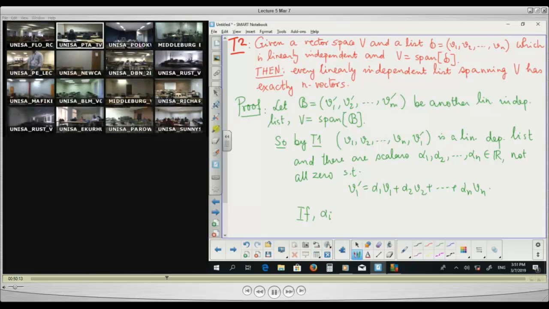Well, I'm just making use of T1 to say that this list is a linearly dependent list. I see, but you have V1 prime there. Okay, if you take that, that's also an answer, yes.